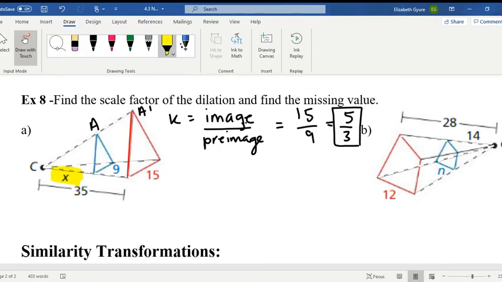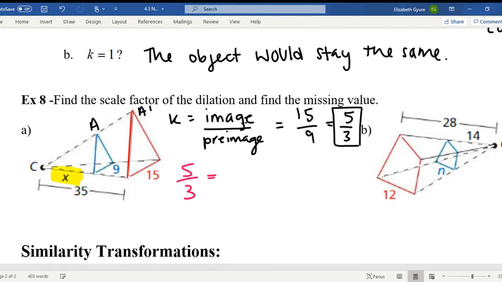So I'm going to take my scale factor, 5/3, equals, and 5/3, wasn't that the bigger measurement to the smaller measurement? So here, if you look at 35 and x, which one do you think is going to be the bigger measurement? 35. So we would do 5/3 equals 35 to x.